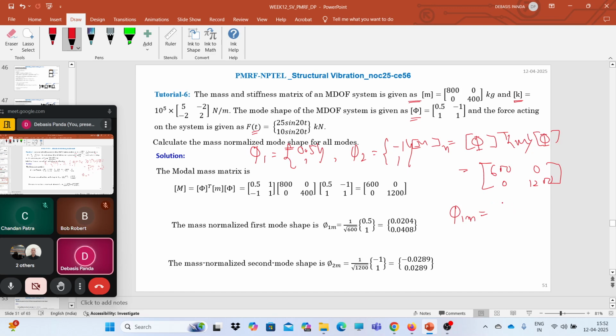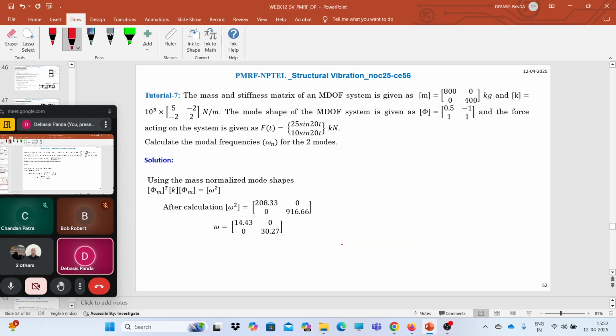It's nothing but your phi vector divided by the square root of phi n transpose M phi n. That means this component. So phi 1 was 0.5, 1 and the square root of 600. You will get the normalized mode shape for the first mode. Similarly, you will get the normalized mode shape for the second mode.